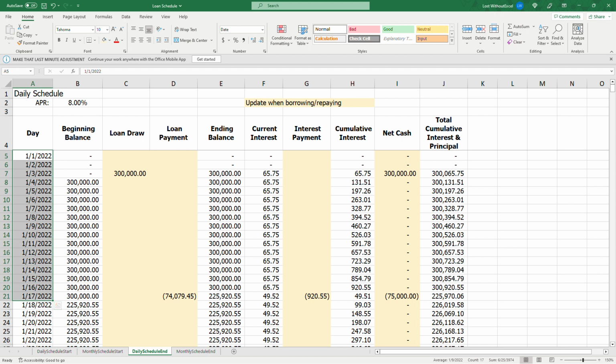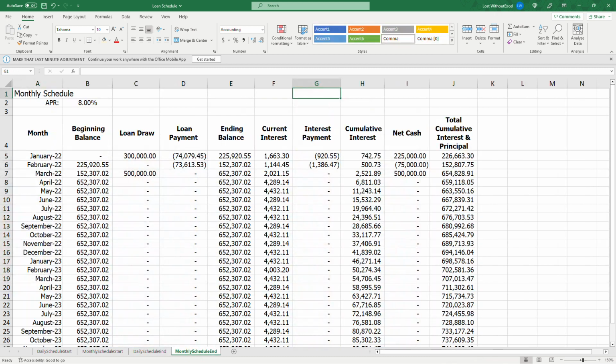The reason is, if we go back to the monthly schedule and take May, for example, where there is no drawing down or payment, the beginning and ending balance are the same, so it's easy to calculate the interest because the amount we're applying the interest to is the same throughout the month.